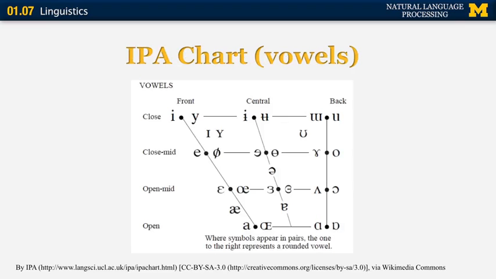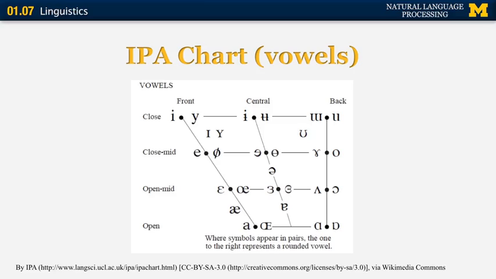Now, in addition to consonants, there are vowels, and vowels are characterized by two properties again. One is where they're formed in the mouth, the front, the back, or in the middle, and also whether your mouth is open, closed, or somewhere in the middle.